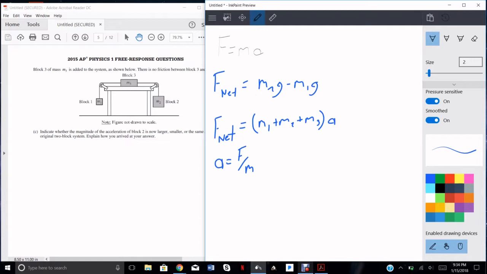The final answer for this question should be something along the lines of, there is the same net force in the system, but the system has more mass. Therefore, the acceleration must be reduced.